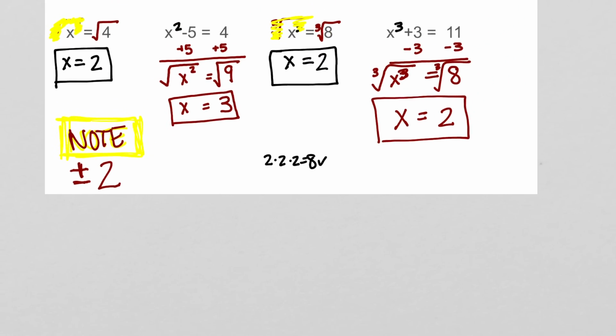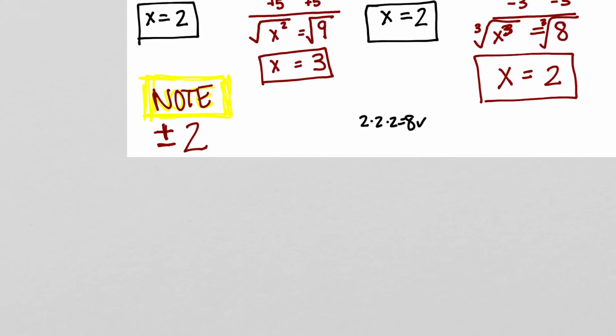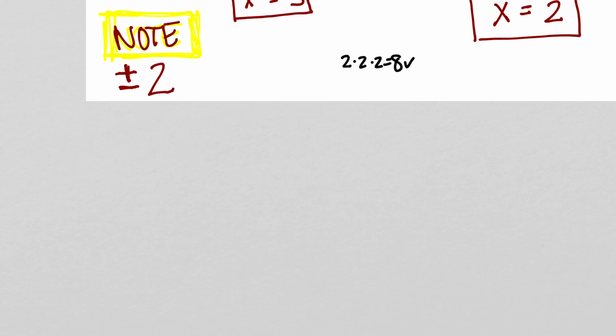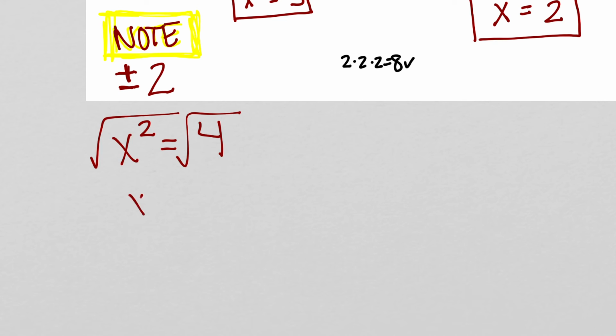I'm going to take this very first problem, when we said x squared equals 4. Then I took the square root of both sides and said that turned into x and this turned into 2, which is true. It could be 2. But when I take the square root of something, I have to remember, what if it's negative 2? So this really says x could be 2, or x could be negative 2.